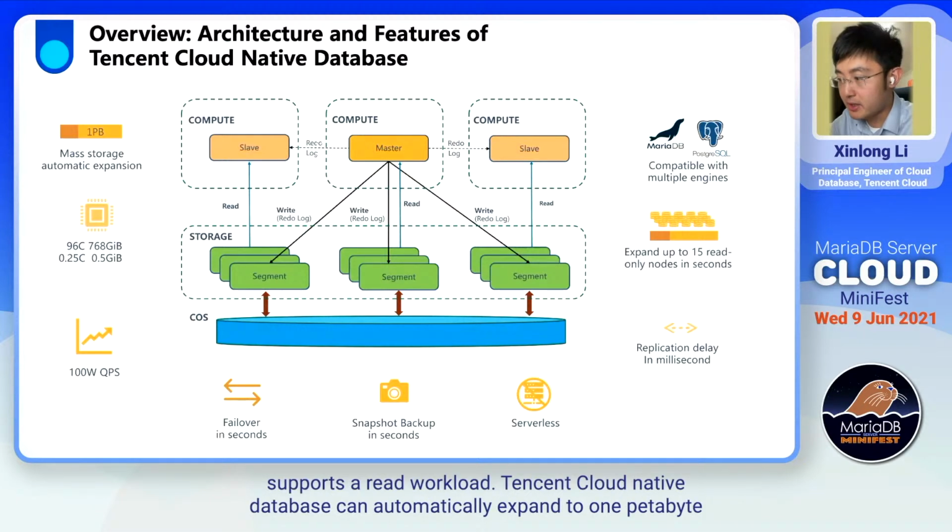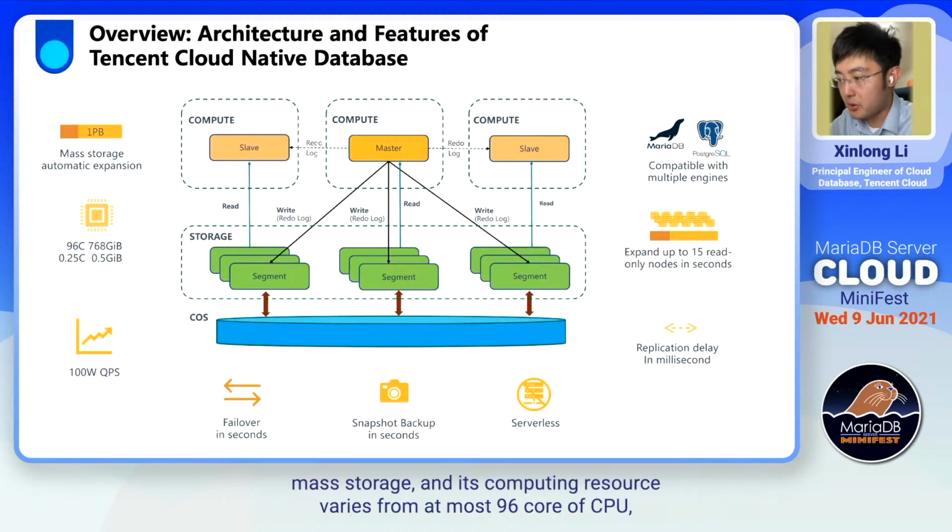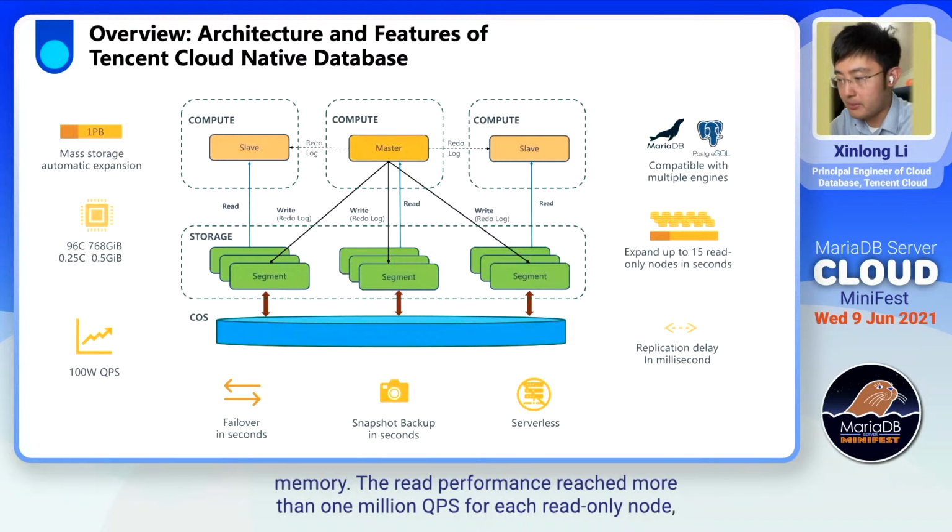Tencent Cloud Native Database can automatically expand to 1 petabyte of mass storage, and its computing resources vary from at most 96 cores of CPU and 768 GB of memory, to at least 1/4 core of CPU and half a GB of memory.